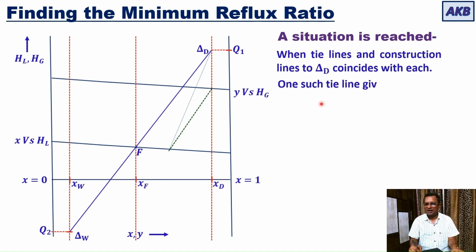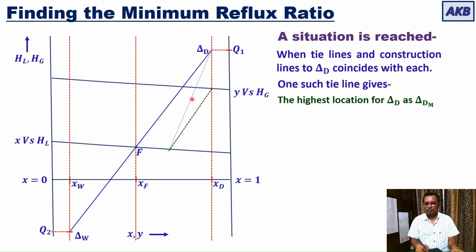And when this happens, there will be one such tie line which is coinciding with the construction line, that has the highest location for delta D, and that location we are going to identify by the point delta D young.